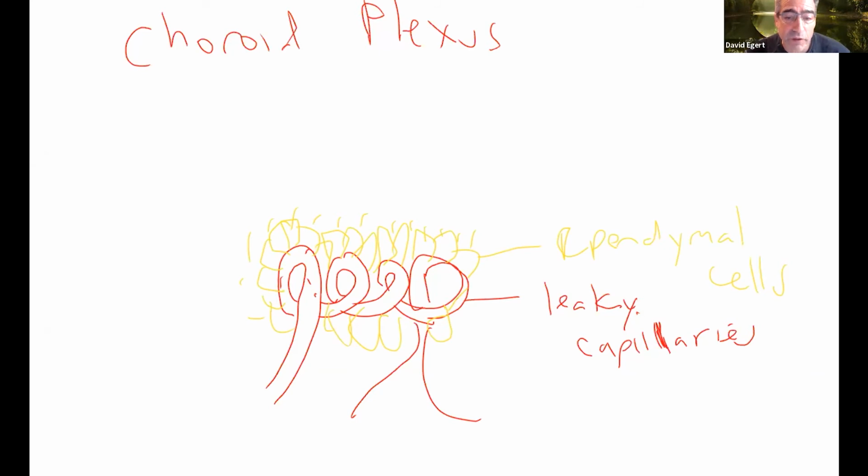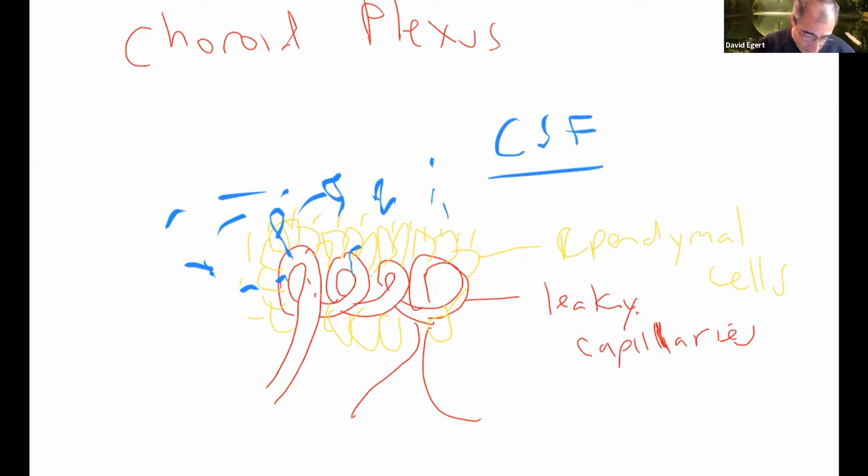The basic idea is you have leaky capillaries, which means plasma is going to leak out, although the exact composition will be adjusted by the ependymal cells because they're ultimately maintaining that boundary between these capillaries and the space inside the ventricle. So CSF is a lot like plasma because it's fundamentally leaked plasma, continually produced, because it's made by constant leaking from these leaky capillaries. And again, the actual composition is being adjusted by these ependymal cells.